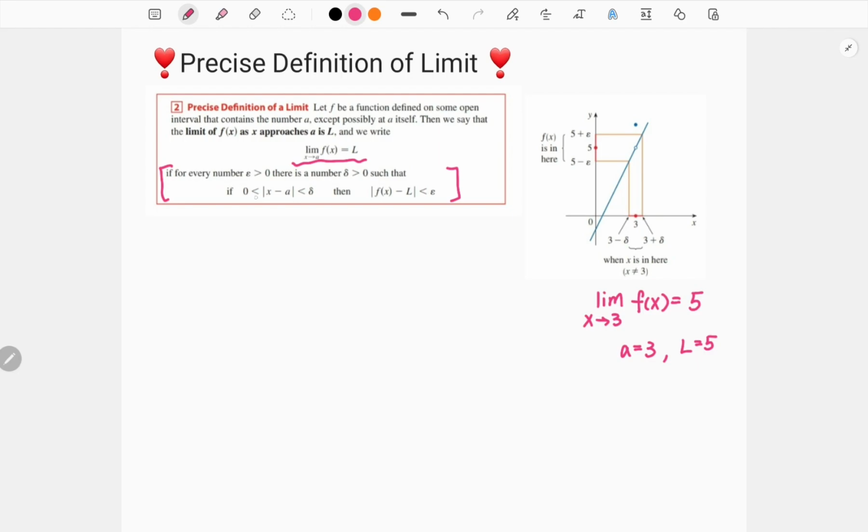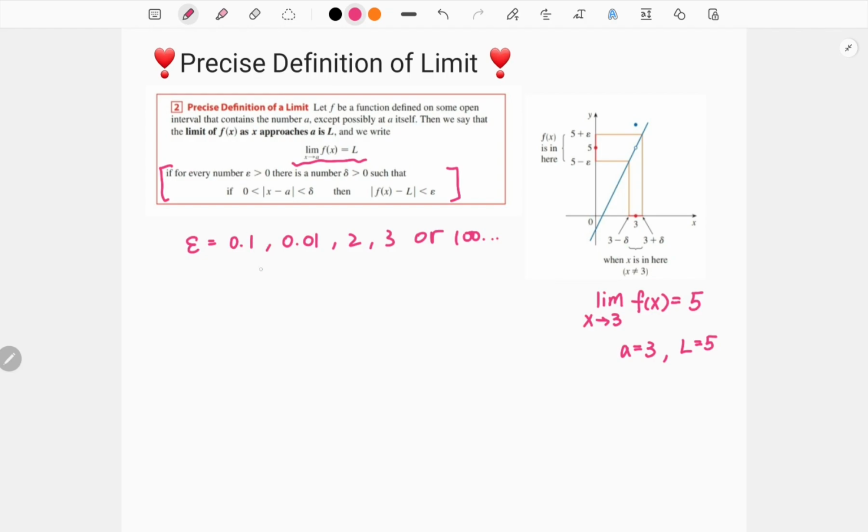It means for every number epsilon greater than 0, there is a number delta that satisfies the following condition, which means your epsilon could be a very small number. It could be 0.1, it could be 0.01, it could be 2, 3, or 100.